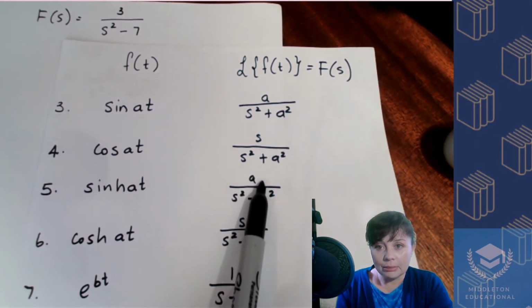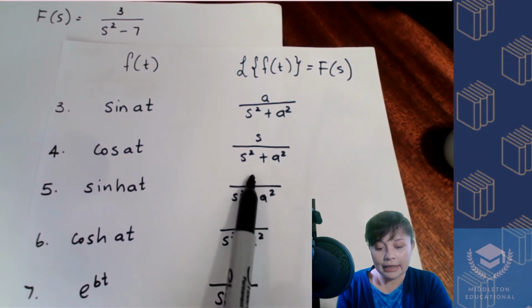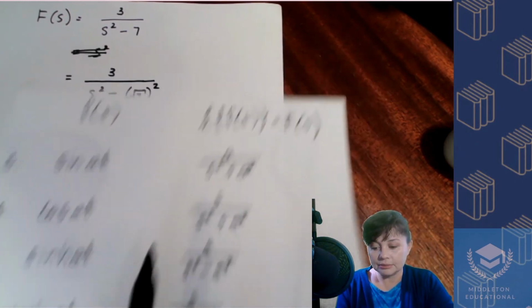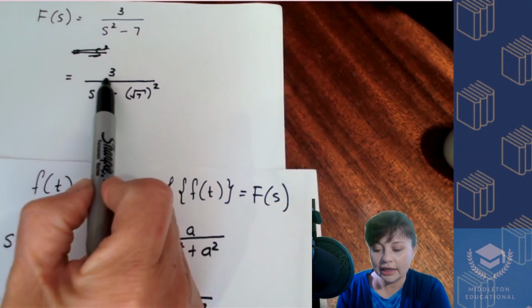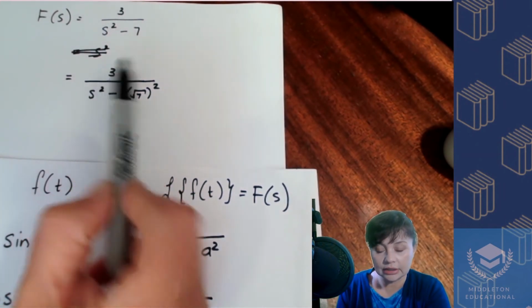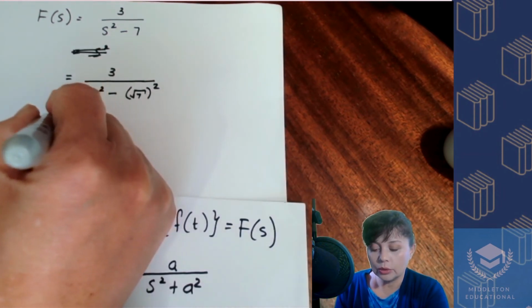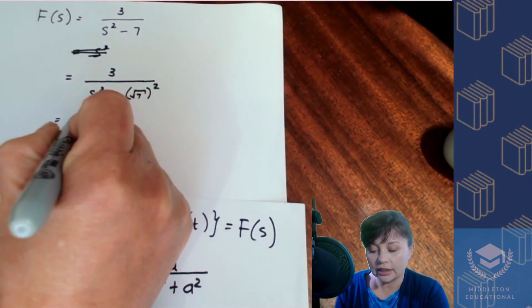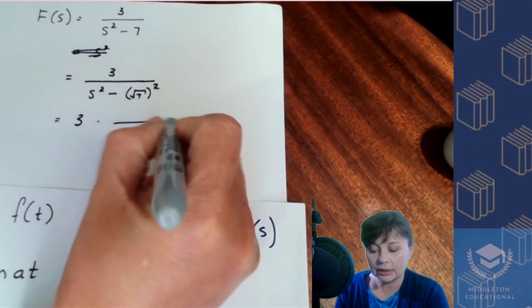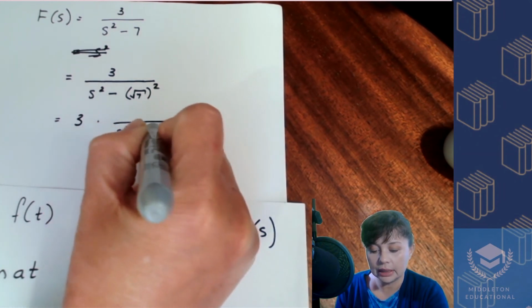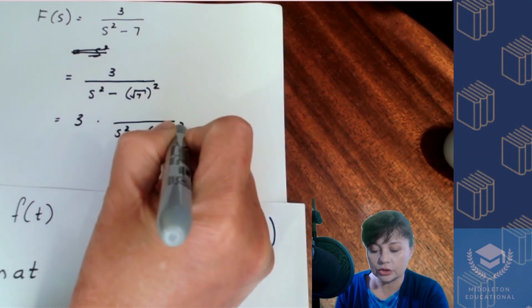A is our number, but that has to match with what is in the denominator. It means here that we can't have the 3 in the numerator. We have to have the square root of 7. So what we can do is say 3 times something over s squared minus square root 7 squared.